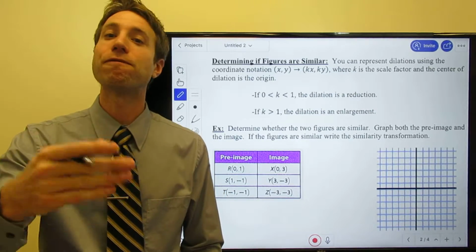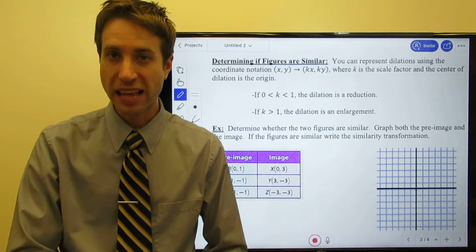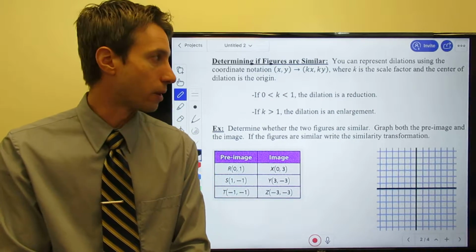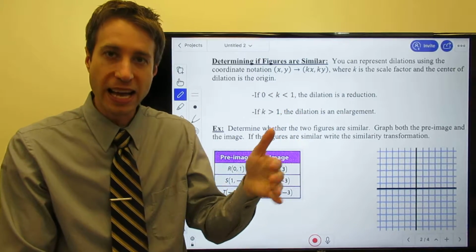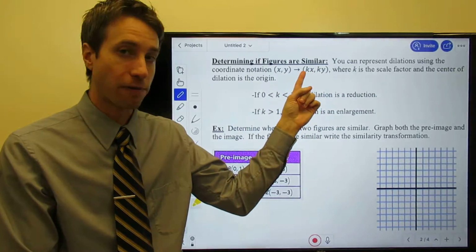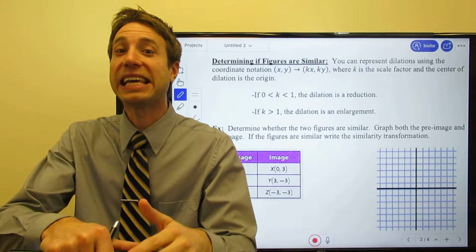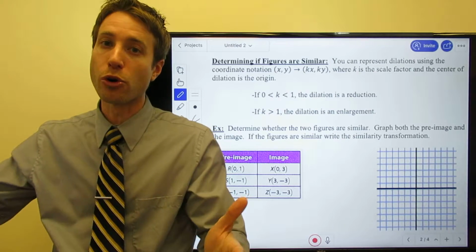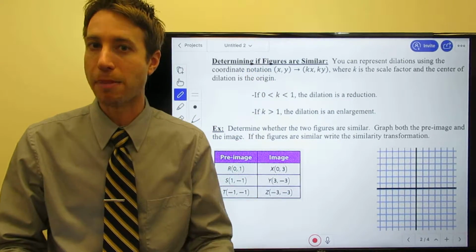So let's say, for example, that k is 4. If my scale factor is 4, whatever ordered pair they give me, x comma y, I will multiply the x by 4, and I will multiply the y by 4, and that will give me a new ordered pair, which we designate by putting the little prime above it.